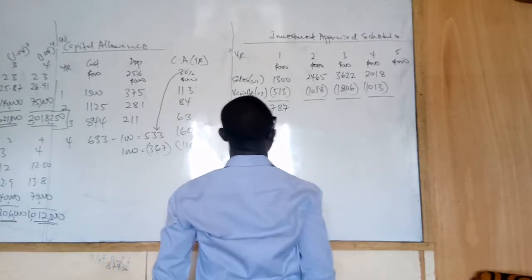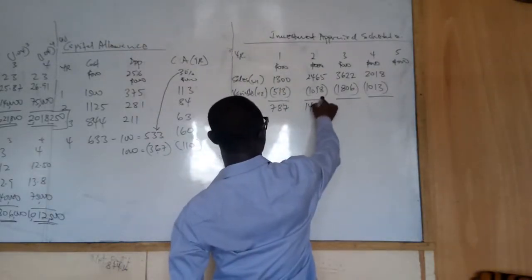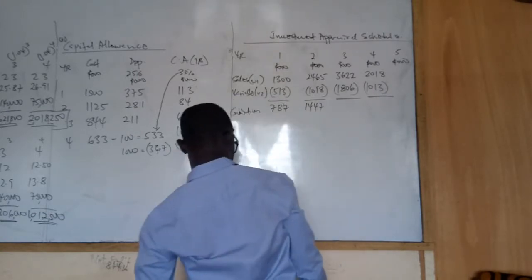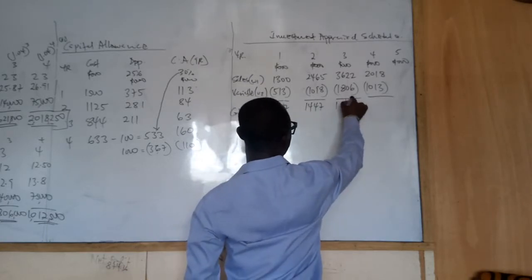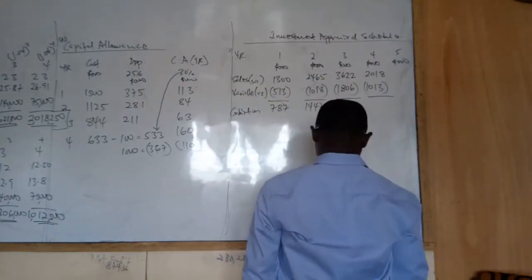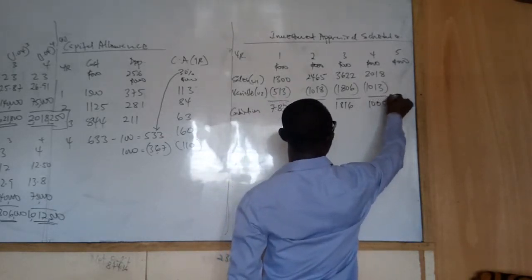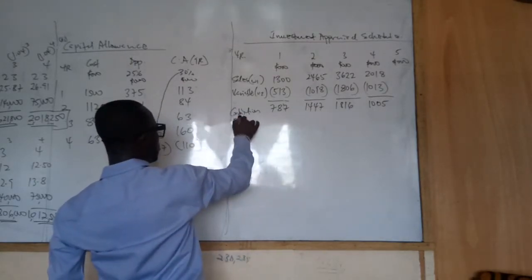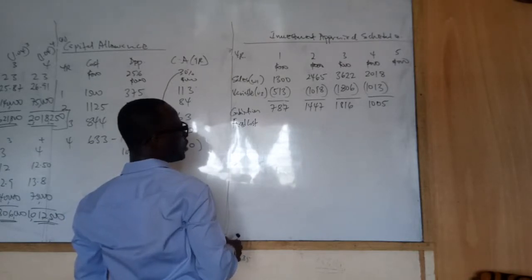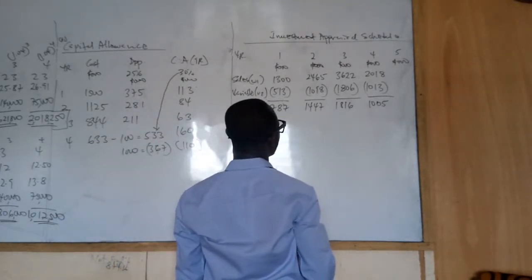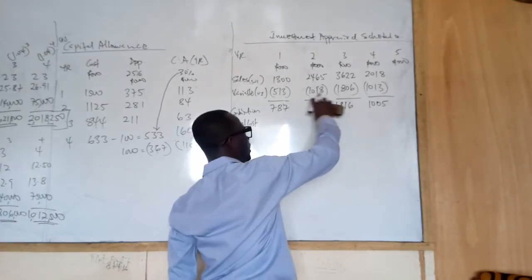787. Year 2, 1447. 1816. 1005. Okay. Then we now bring the fixed cost, which was given in the question, because for contribution I'm getting a different figure. 2465 less 1098, I'm getting 1367.